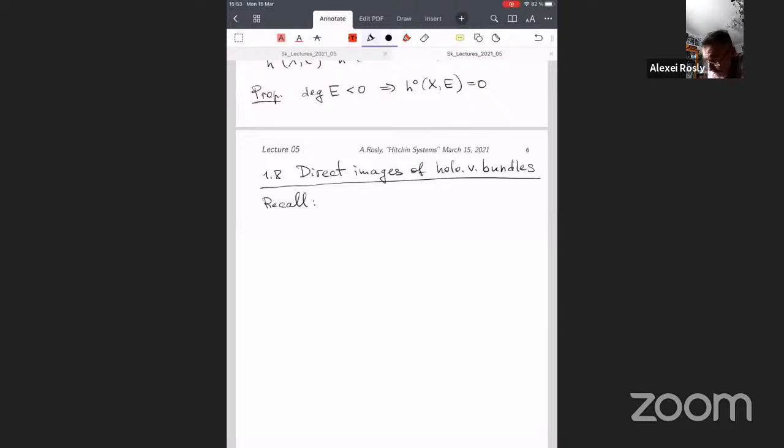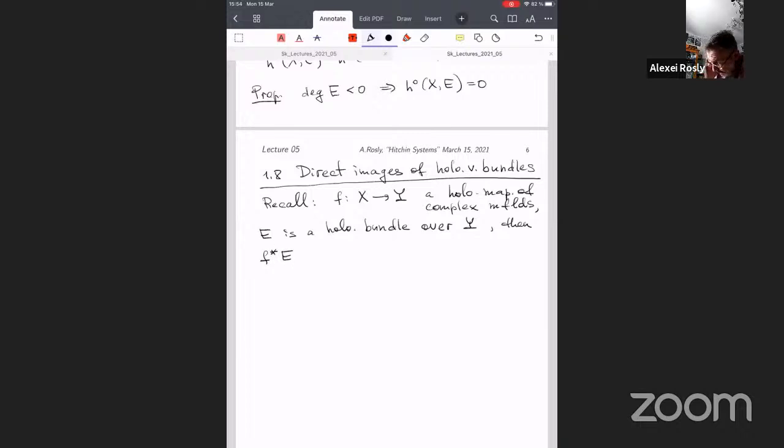So when we have two complex manifolds, say X and Y, and a holomorphic map of complex manifolds, and E is a holomorphic bundle over Y, then we have its inverse image on X.